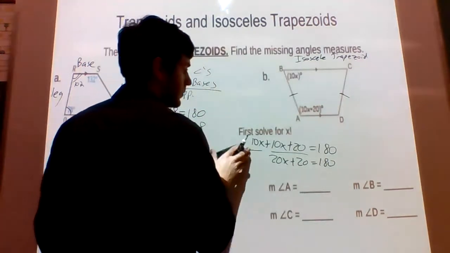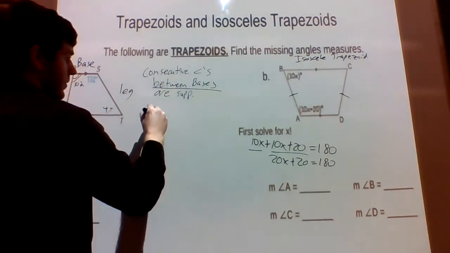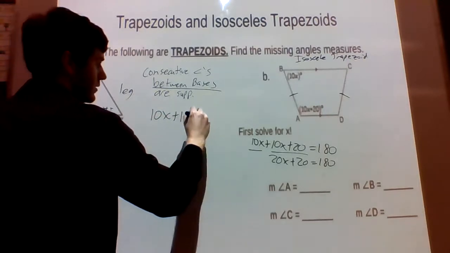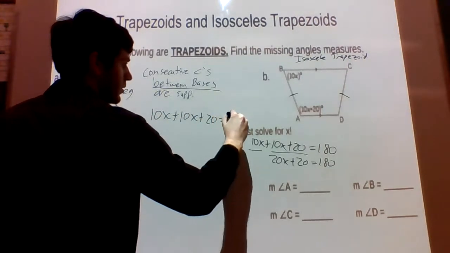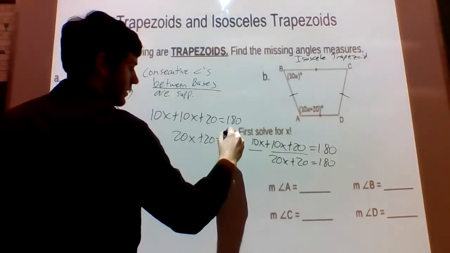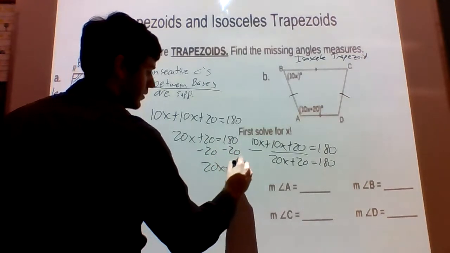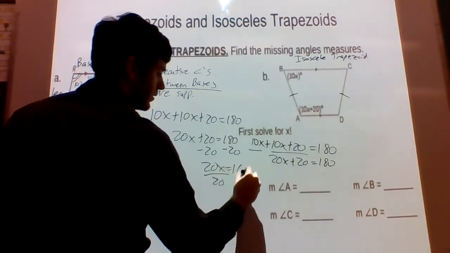Let me erase all this. Okay. 10x plus 10x plus 20 equals 180. 20x plus 20 equals 180. Subtract 20. 20x equals 160. Divide by 20.